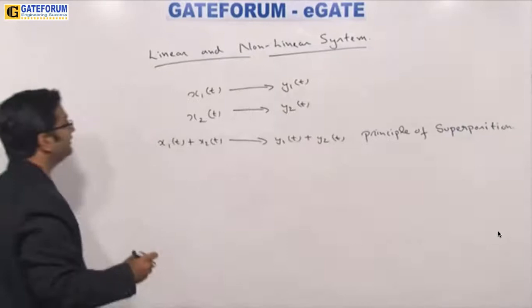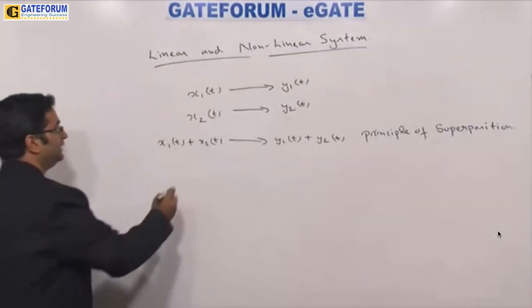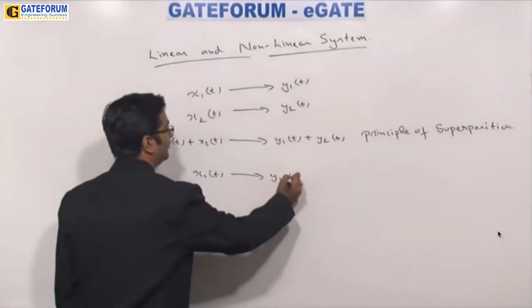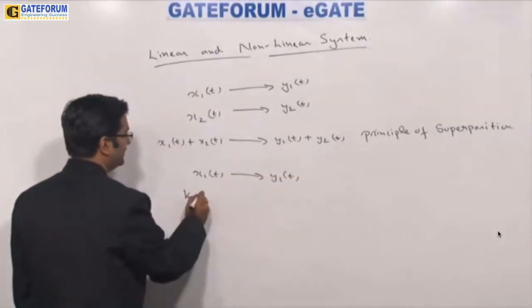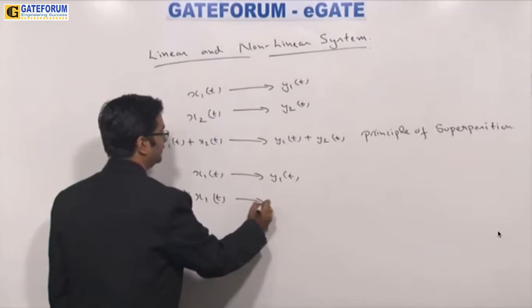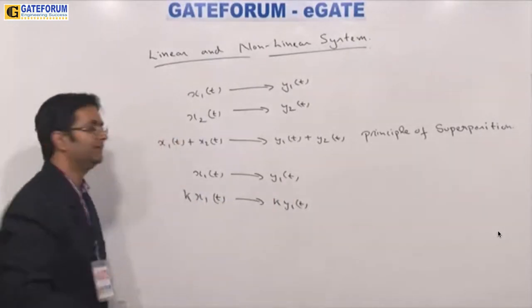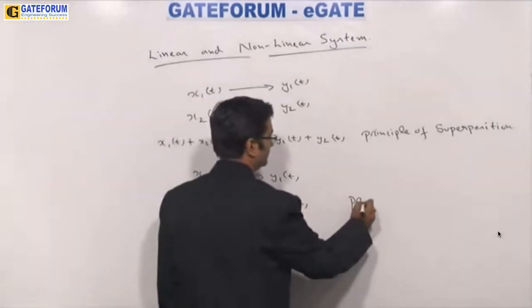There is also the principle of homogeneity, which says that if x1(t) is the input and y1(t) is the output, then k times x1(t) should give you k times y1(t). That is the principle of homogeneity.